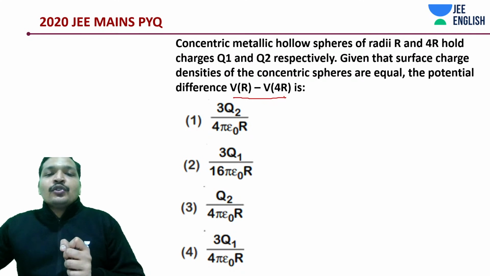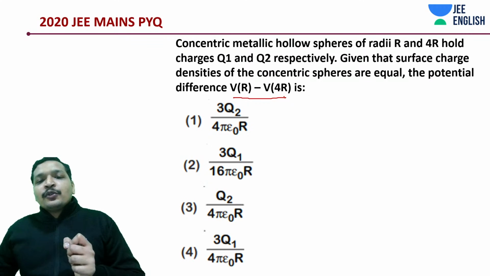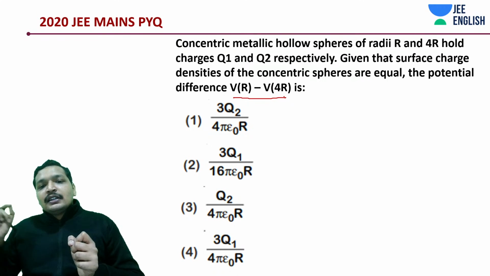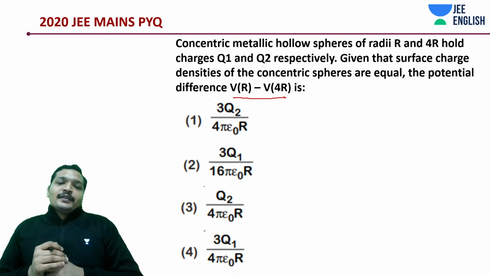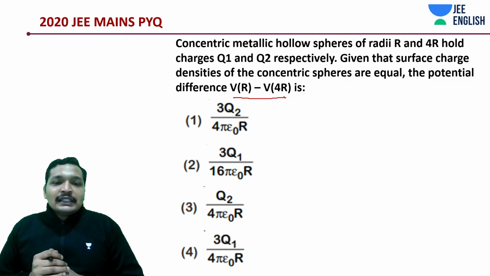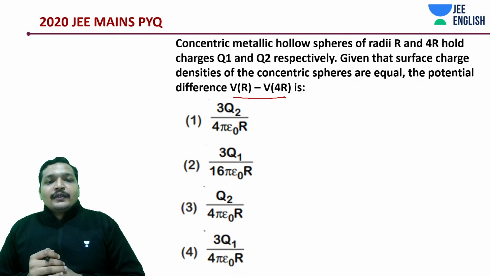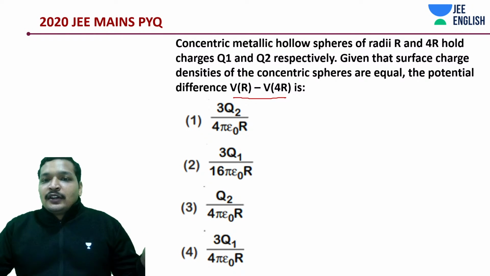Basically kq1 by r minus kq1 by 4r. It should be 3kq1 by 4r. Okay, q1 on the small one.